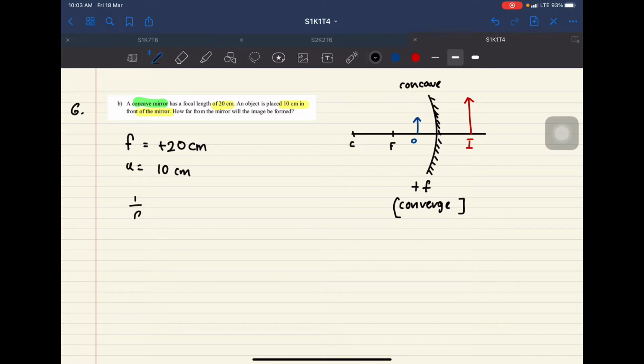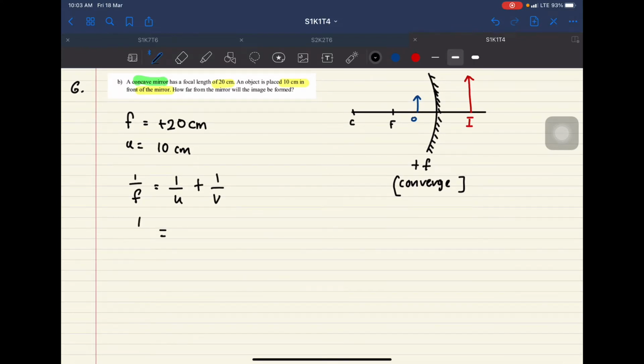So 1 over f is equal to 1 over u plus 1 over v. f is 20, u is 10. If you solve for v, 1 over 20 minus 1 over 10, you should get negative 20 centimeter.